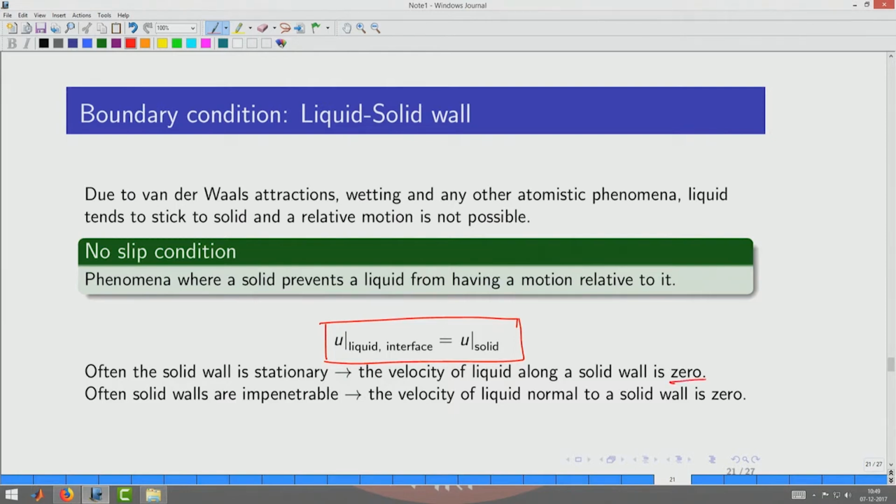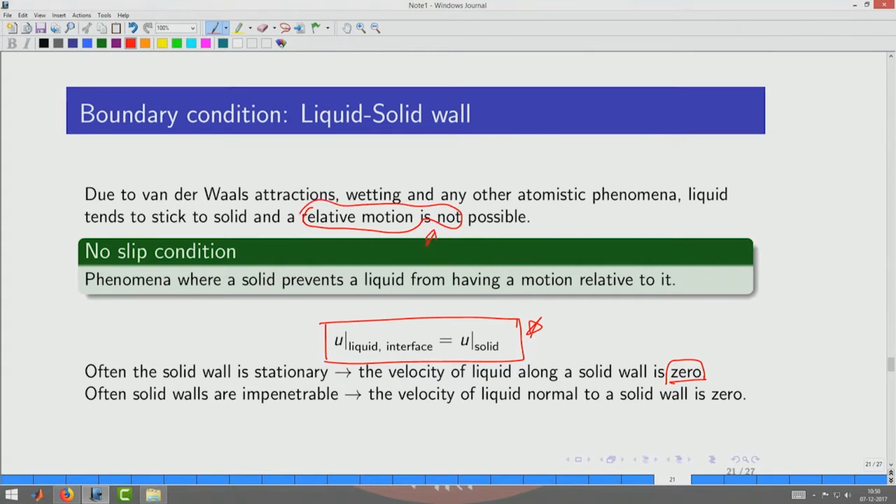Okay. So, sometimes the students are confused to assume that the no slip condition means the velocity of the liquid is 0 at the wall. It is true only when the wall is stationary. If the wall is moving at a particular velocity, then the velocity of the liquid is same as the velocity of the solid. Okay. So, this is very important, there is no relative motion. So, the idea is always that there is no relative motion. Okay. So, this is the idea of the no slip condition.